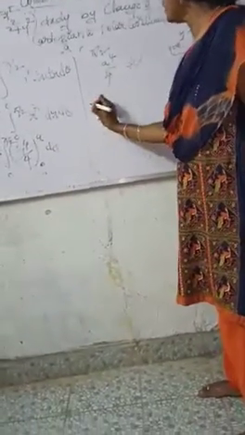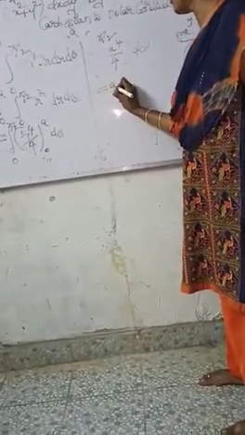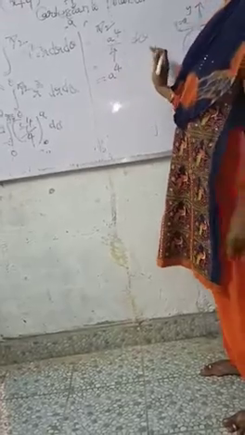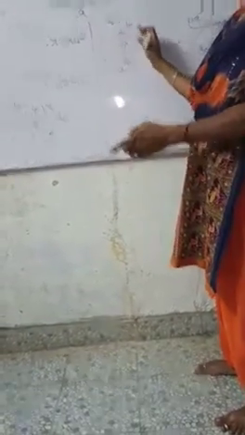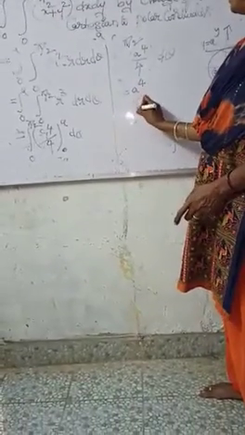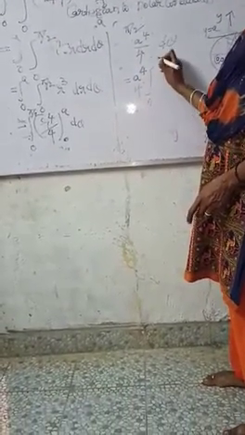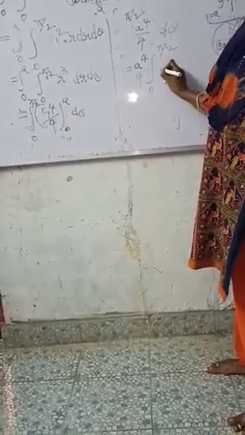Here a power 4 by 4 is a constant, so remove the constant in front of the integral: a power 4 by 4 times the integral of 0 to pi by 2 d theta.